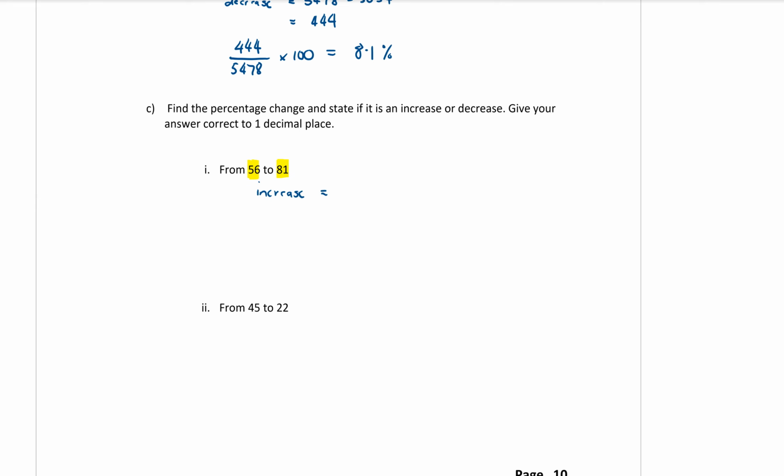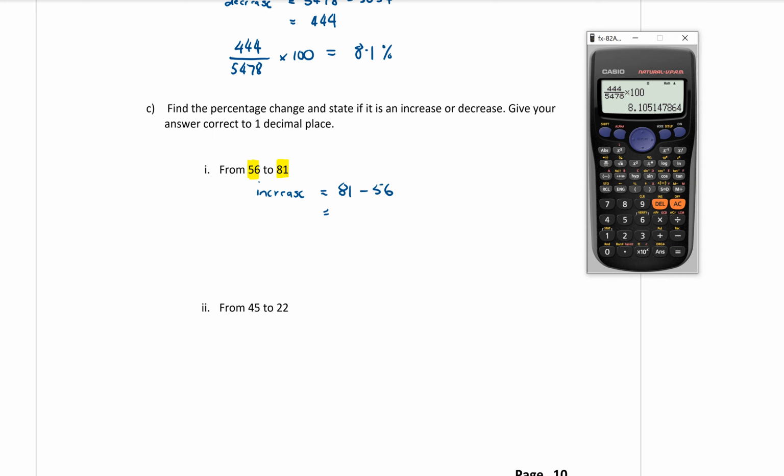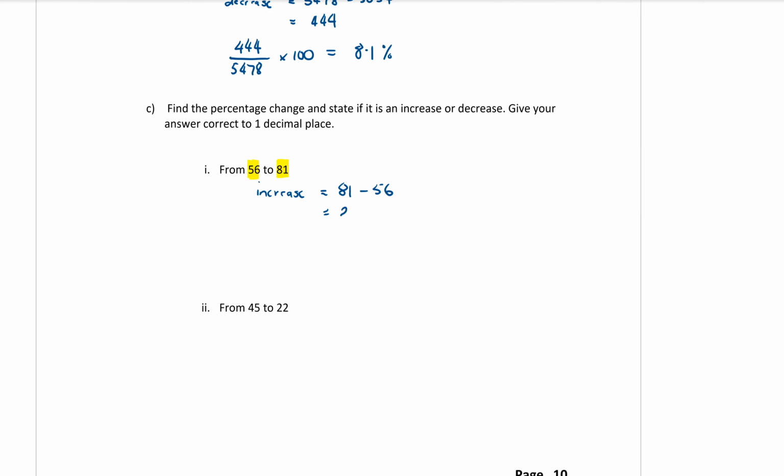I need to find out how much that increase is, which means I want to start with the bigger number and subtract the smaller number. So 81 minus the 56 is 25.